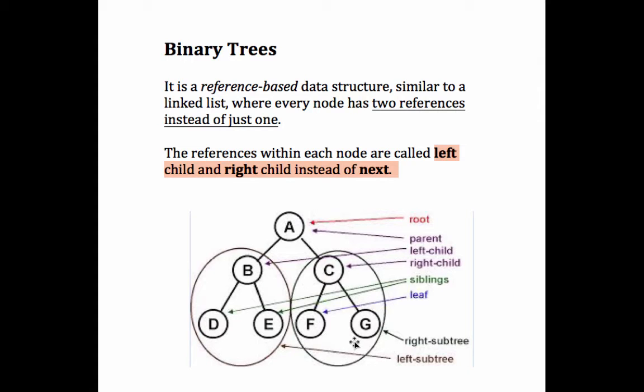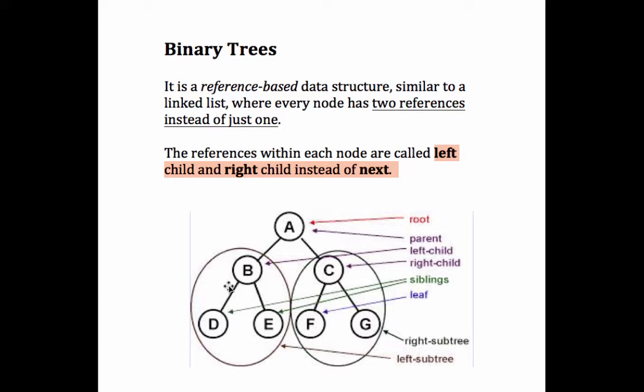And then we have subtrees. You are going to see when you take a look at the code that we provide for you, building a binary tree and most of the operations on a binary tree are done recursively. So I can say that node A has two children, B and C, but node B has two children, which is D and E. So I could say that I can isolate with this circle here the nodes B, D, and E, and that is a subtree, it's a section of the tree.